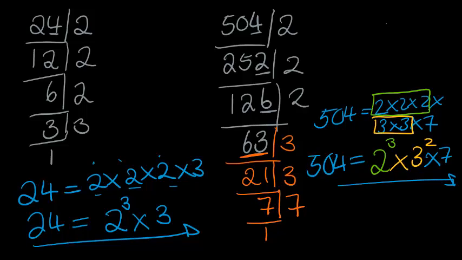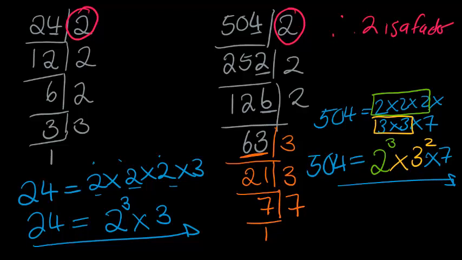The second part of this question is asking you, what is a factor of 24 and 504? Now, a factor would be a number that is divisible in both numbers. So if I looked at this and I said 2 goes into 24 and 2 goes into 504, therefore 2 is a factor.